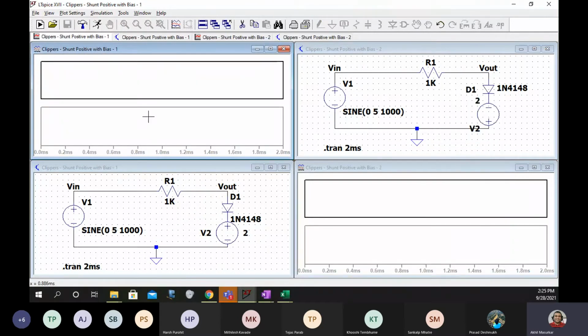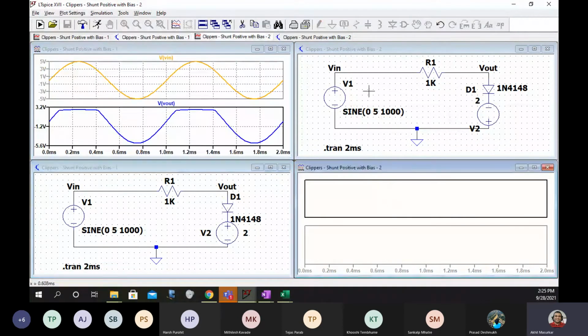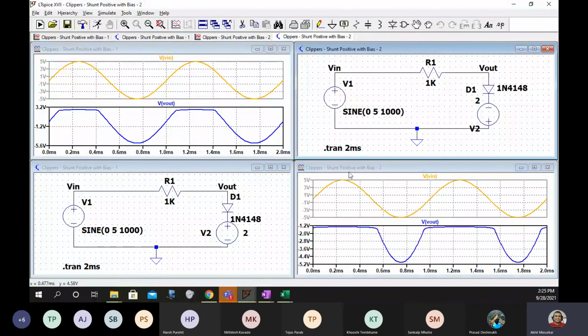You can add plot planes in both the cases. You can have V in, then here we have V out. Here again you can have V in, and here you can have V out.